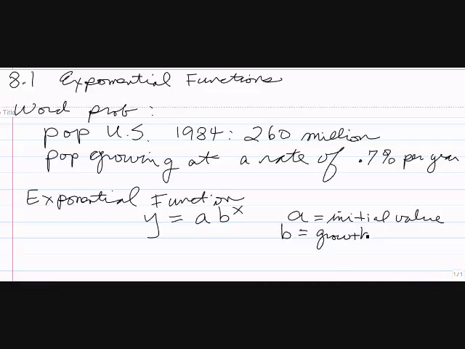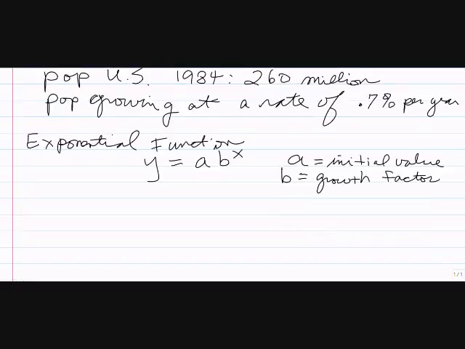So this one is growing, so I'm going to call it the growth factor. So the initial value is the value in 1984 of the population, which is 260 million. And we won't write out all the zeros. We'll just call the units millions of people and just call it 260.